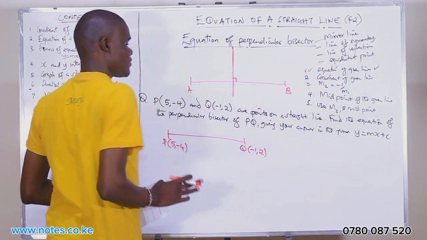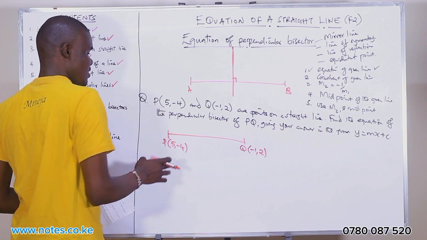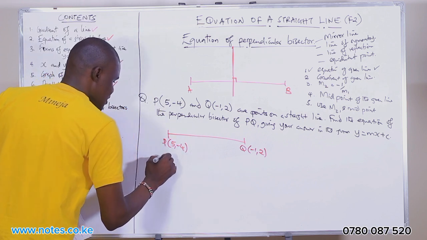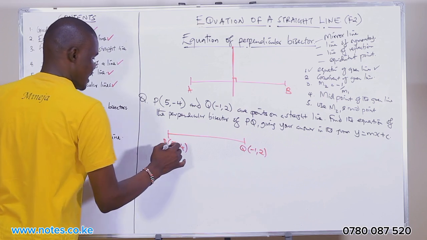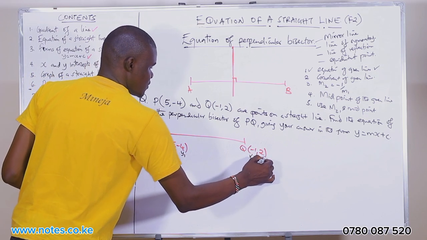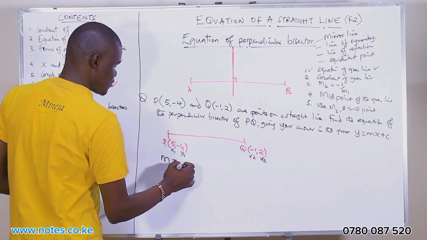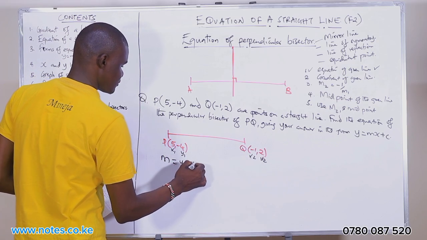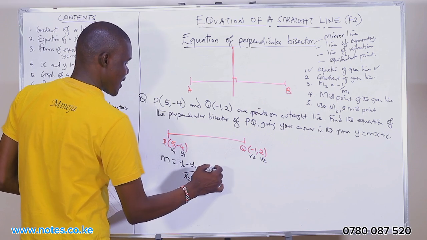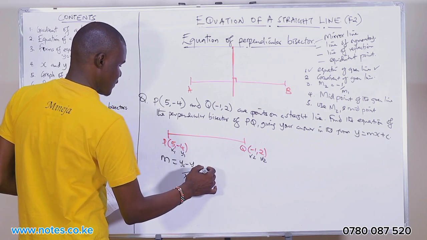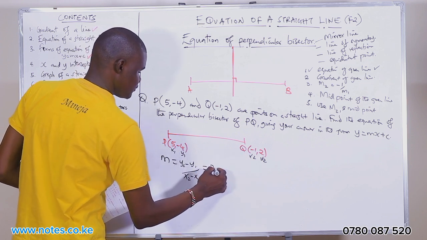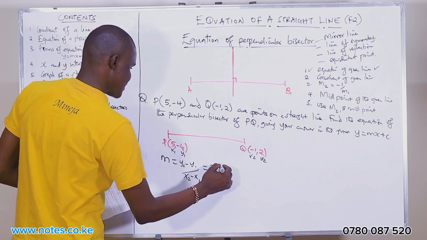Can we find the equation of the line? And before we find it, we must get the gradient of the line. So the gradient of the line PQ will be, label them, this is x1, y1, this is x2, y2. So gradient is y2 minus y1 over x2 minus x1. So y2 is 2 minus y1.